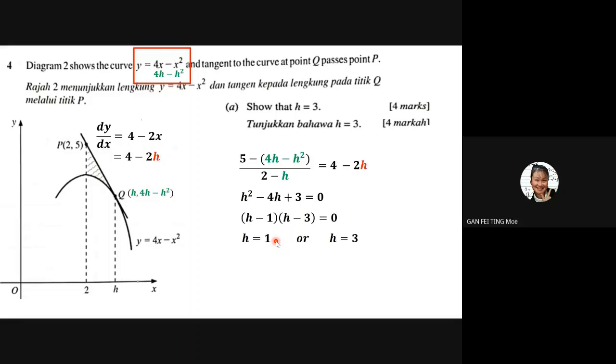I'll give him a lucky draw prize. How come your factorization can give you H equals to 1? It might be in your paper 1 as well later, asking you to sketch when the value of H equals to 1. So you should be able to identify.